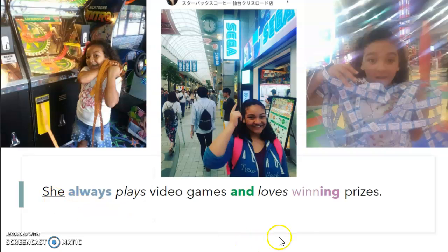She always plays video games and loves winning prizes. You can see the adverb of frequency here. A sandwich of subject, adverb of frequency, and a verb with S because our subject is she.